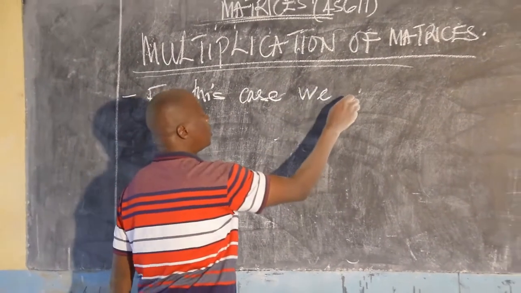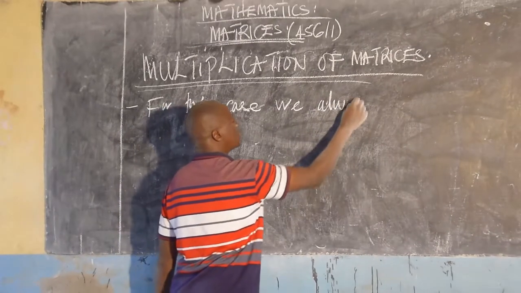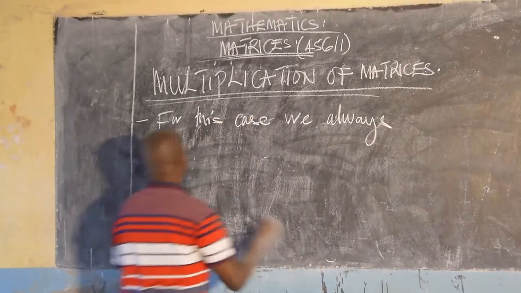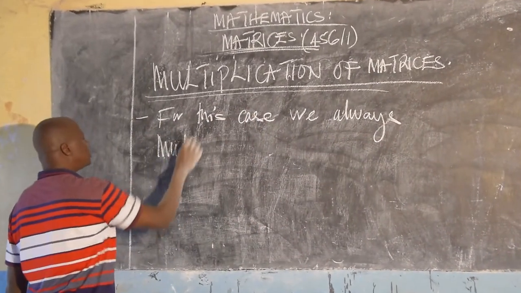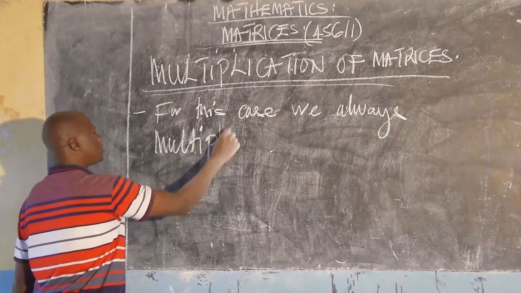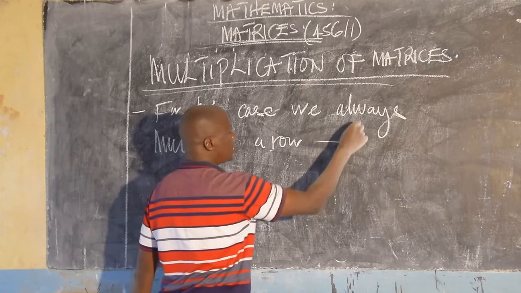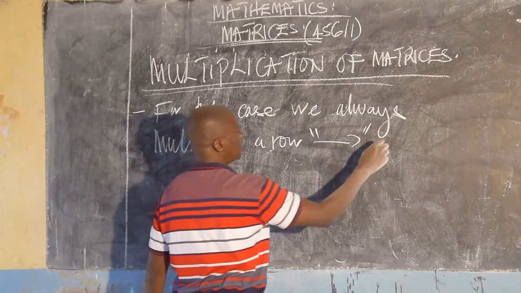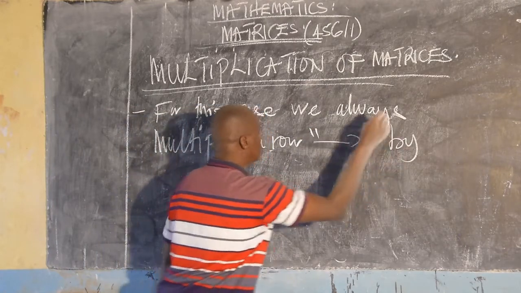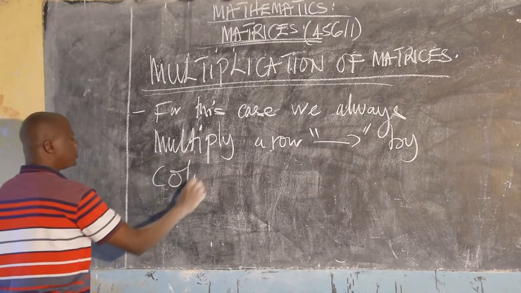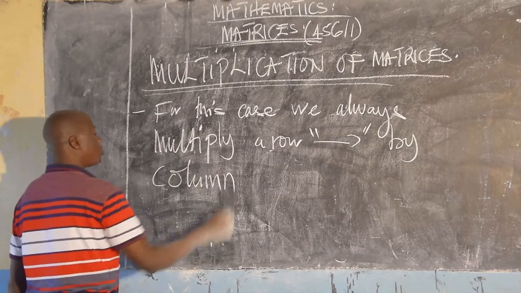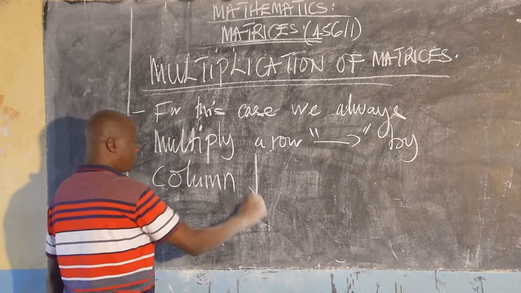We always multiply a row in that arrangement by column. A row by column in this form.